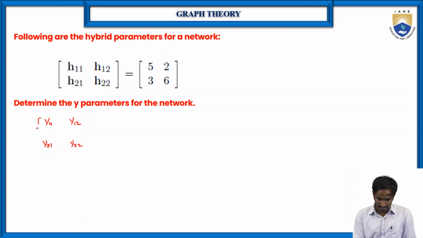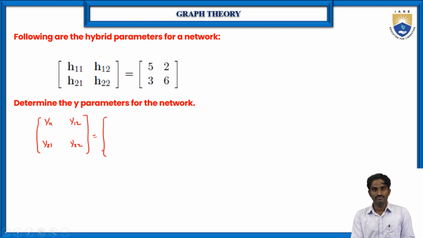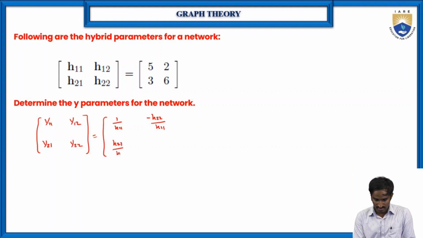This is the admittance matrix in terms of h parameters. So y11 is equal to 1 by h11, y12 is equal to minus h22 by h11, y21 is equal to h21 by h11, and y22 is delta h by h11.